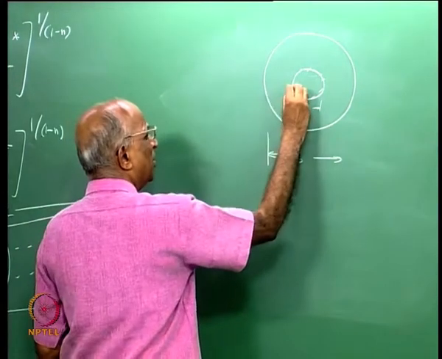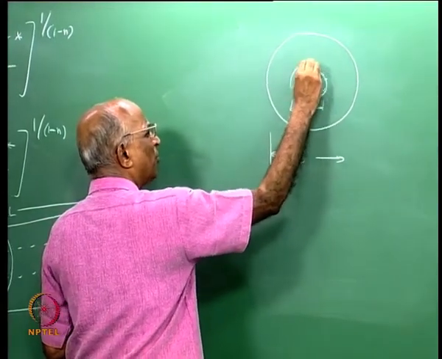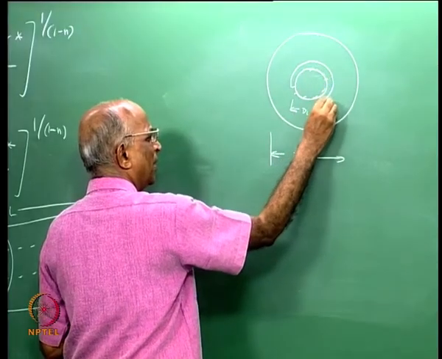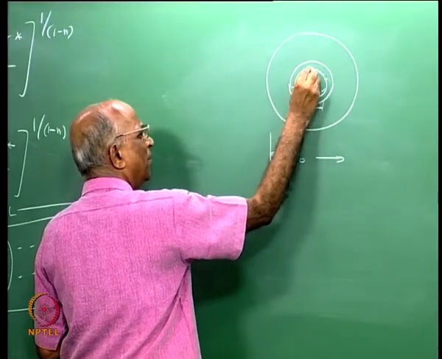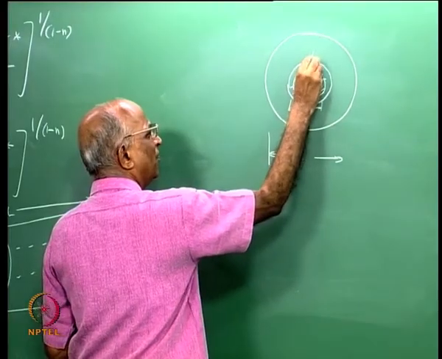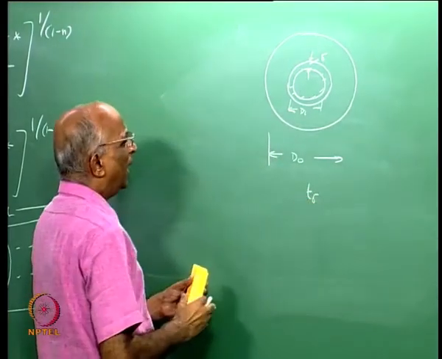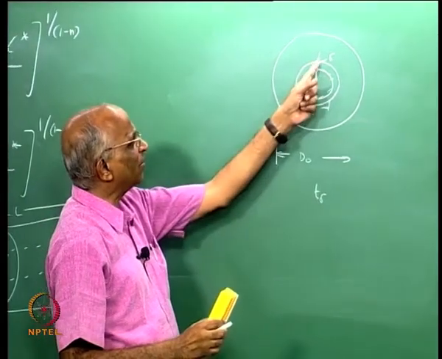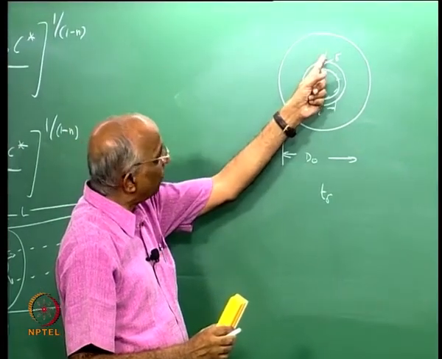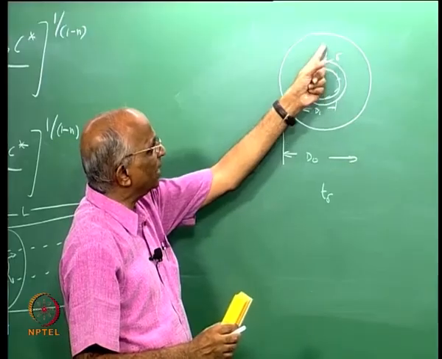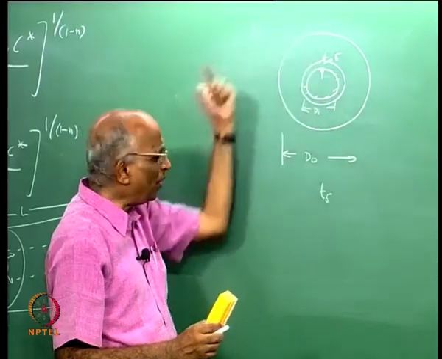Let us consider that a small part of the propellant gets burnt, and let the small part be of thickness delta over a time, let us say t_delta. At the end of t_delta I will calculate the pressure again, at the end of 2 delta I will calculate the pressure again, and like that I can progressively calculate. And how do I do it?